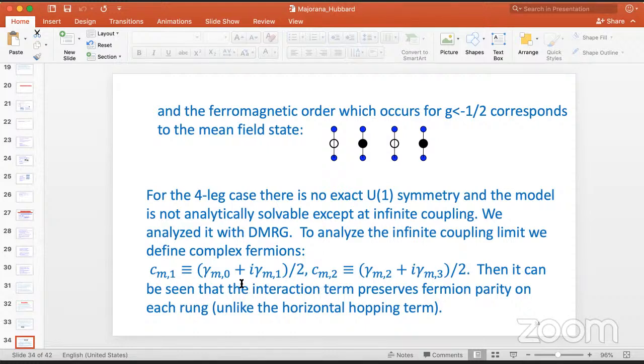Now we have four legs. We define a complex fermion c_{m,1}, which is γ_{m,0} plus iγ_{m,1} over 2, then a second complex fermion, γ_{m,2} plus iγ_{m,3} over 2. We've numbered the 4 legs 0, 1, 2, 3. It can be seen that the interaction term preserves fermion parity in each rung, unlike the horizontal hopping term.